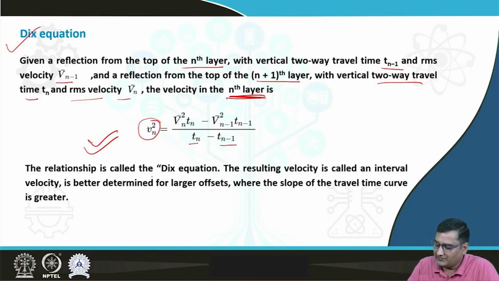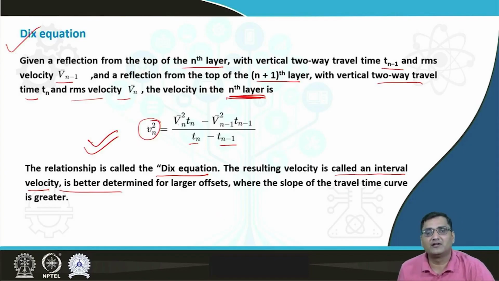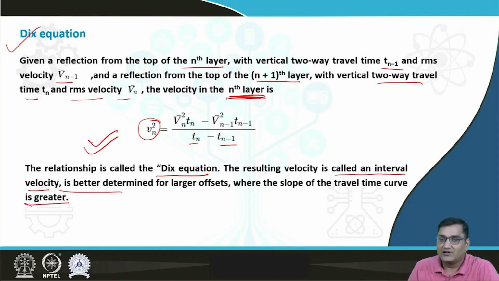The relationship is called the Dix equation. The resulting velocity is called an interval velocity and is better determined for the larger offset where the slope of the travel time curve is greater.